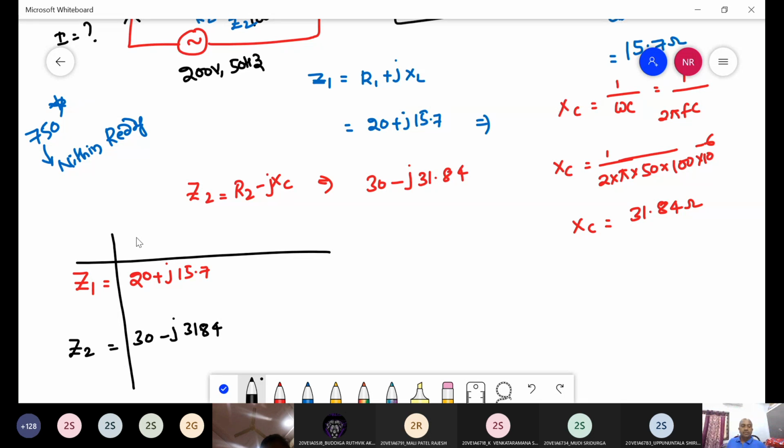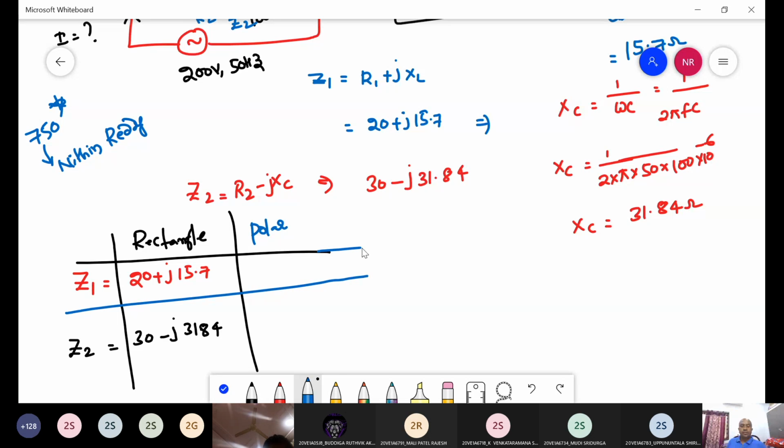This is which form? Rectangular, right? Convert it into polar form here and tell me the values. Z1: R equal to 25.42, theta equal to 38.13.